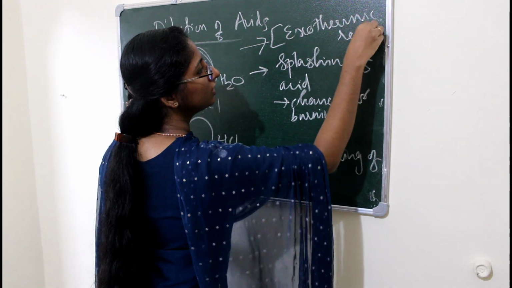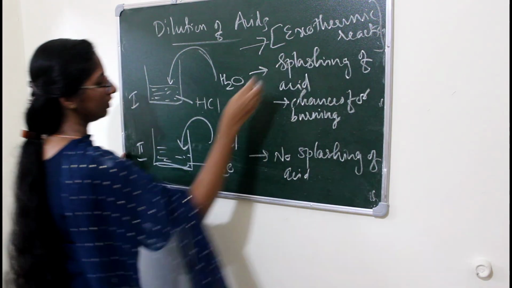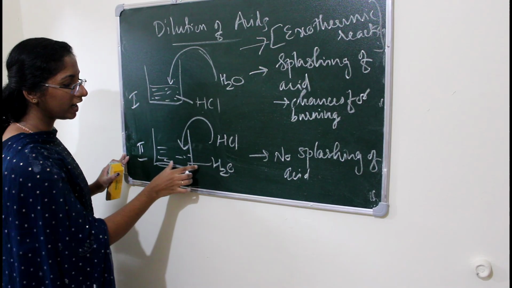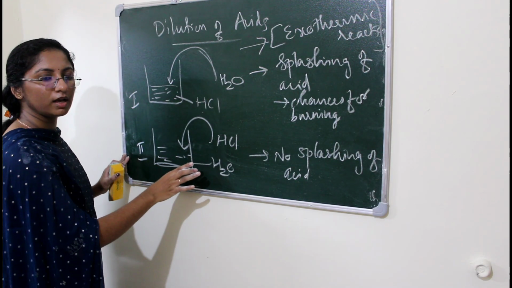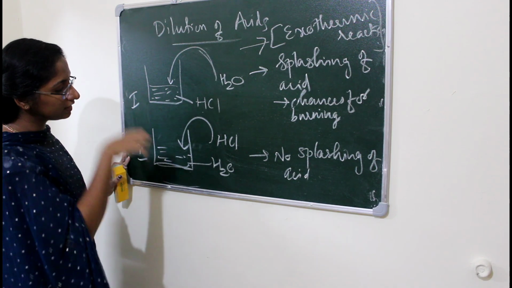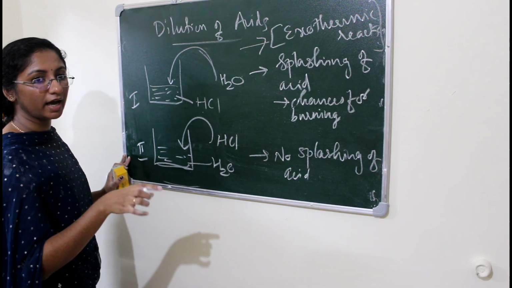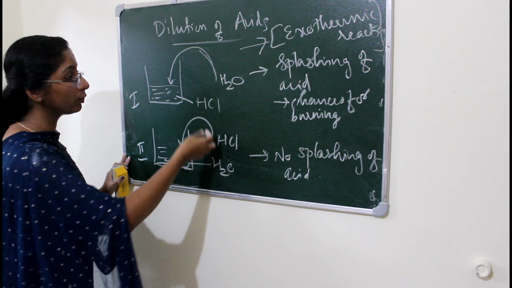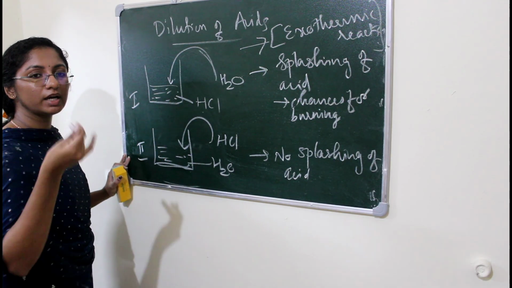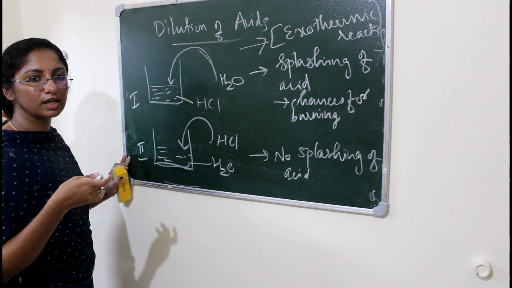Okay. So what is the case of this second case? Here we are taking water, probably room temperature water. In that, the concentration of H plus ions is less compared with the first case. In HCl, we have more concentrated H plus ions, right?